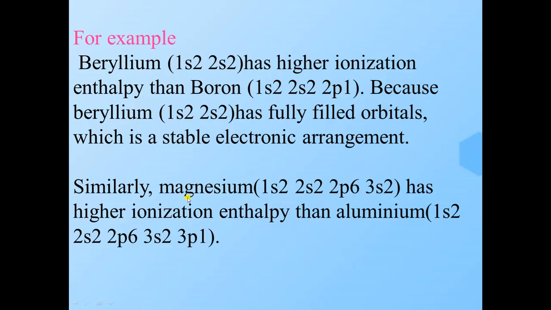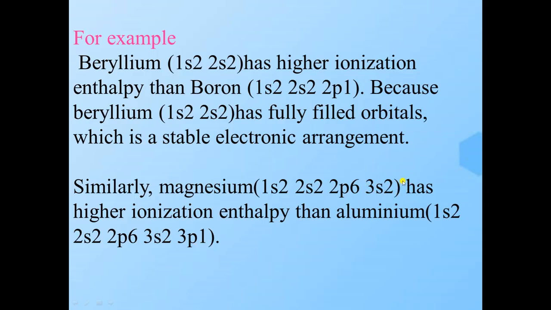Now here we will take the example of magnesium and aluminium. The atomic number of magnesium is 12 and the atomic number of aluminium is 13. So the electronic configuration of magnesium is 1s2, 2s2, 2p6, 3s2, and aluminium is 1s2, 2s2, 2p6, 3s2, 3p1. Only one electron is present in the 3p orbital and here two electrons are present in the 3s orbital.